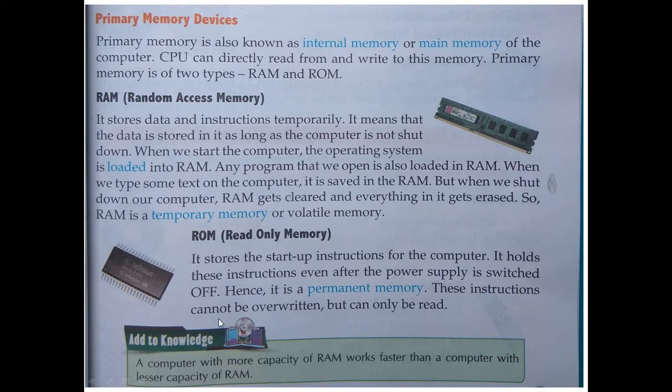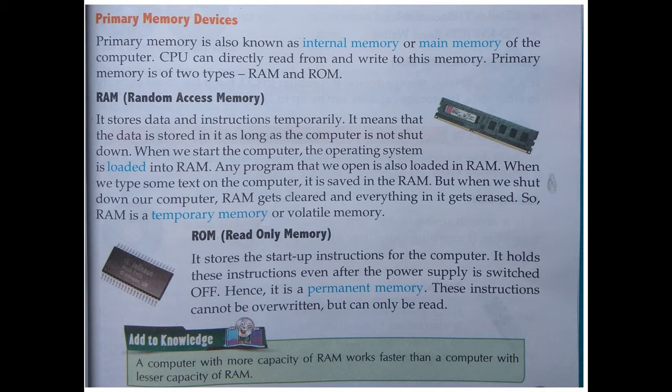These instructions cannot be overwritten but can only be read. As you can understand from its name, the full form of ROM is read only memory. Just understand this word, read only. We can only read. Some information is there in this chip, that is ROM. So the information is there on how the computer has to be started.